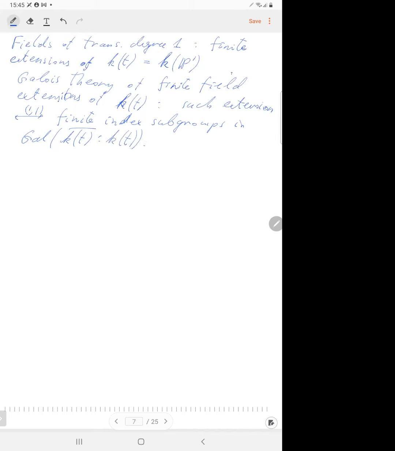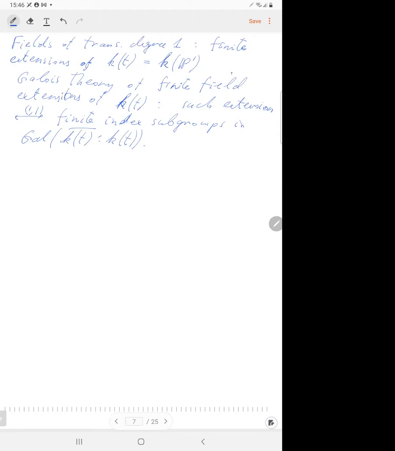Okay, so these two theories are very parallel. Yeah, the topological theory that describes unramified covers in terms of finite index subgroups of the fundamental group, and the algebraic theory that describes the transcendence degree 1 fields, finite extensions of the field of rational functions, as finite index subgroups in the algebraic Galois group.